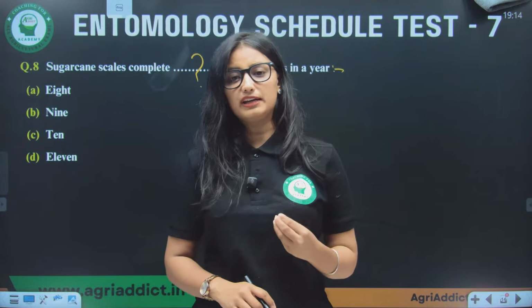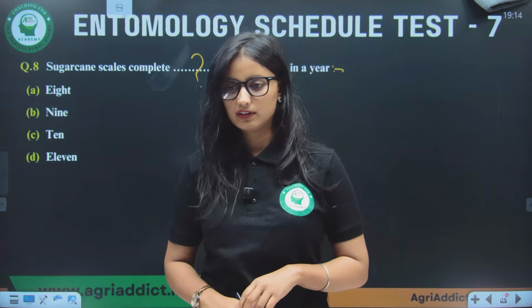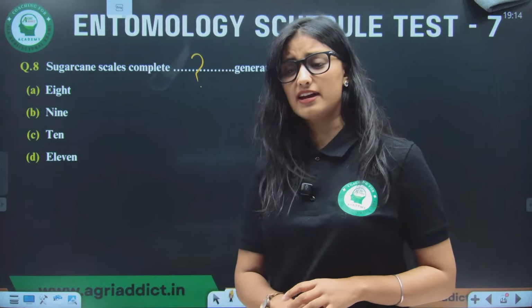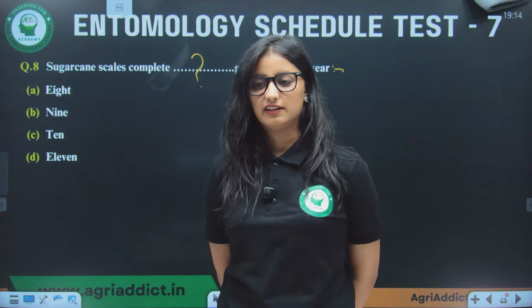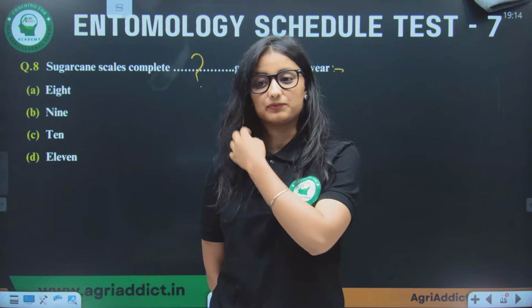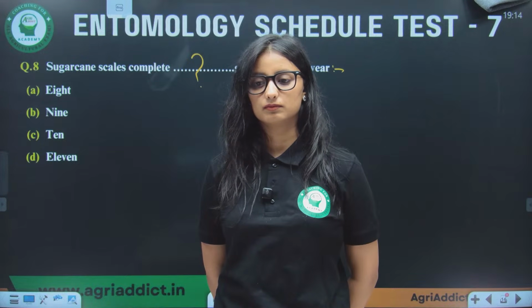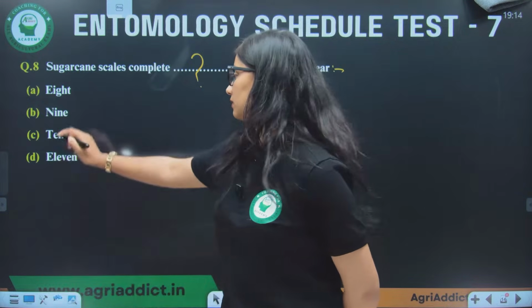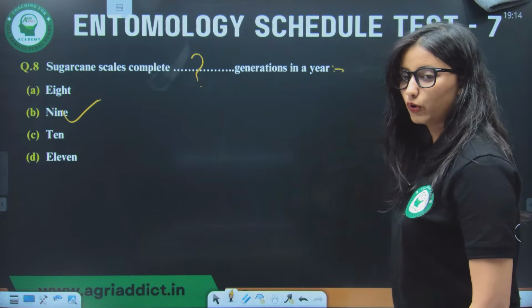How many generations does sugarcane scale complete in a year? A. Is it A? C? D? Nine is the correct answer. Okay.